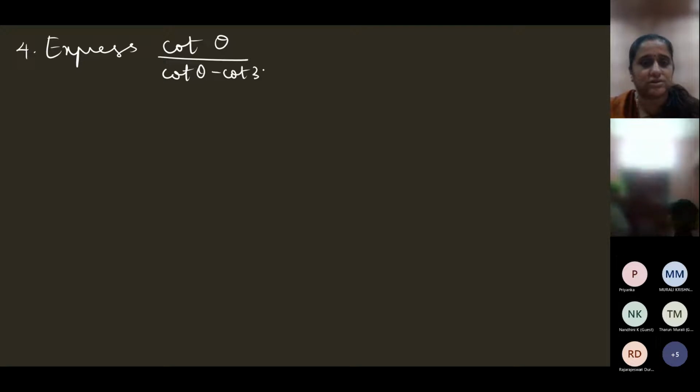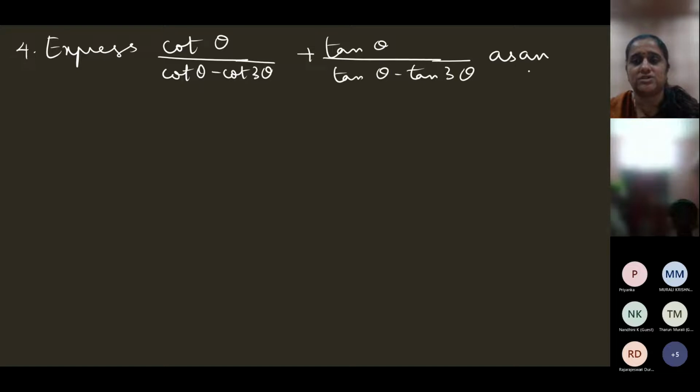The heading is: express cot theta by cot theta minus cot 3 theta plus tan theta divided by tan theta minus tan 3 theta as an integer. Express cot theta by cot theta minus cot 3 theta plus tan theta by tan theta minus tan 3 theta as an integer.